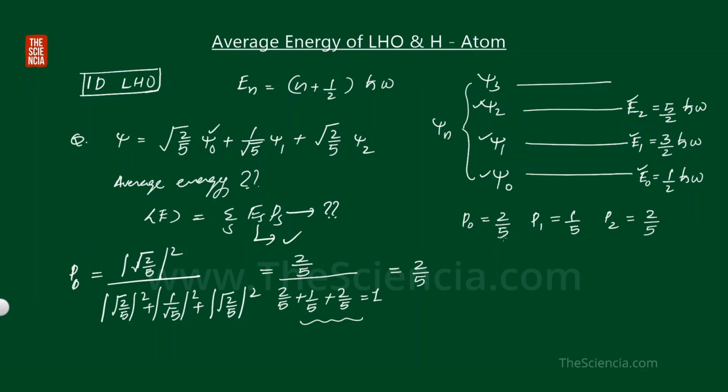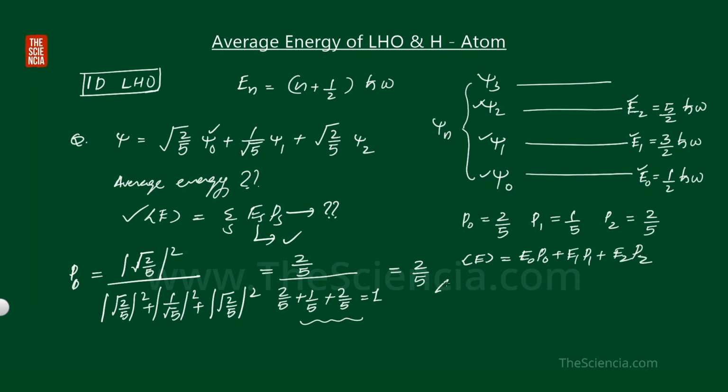Now we have to substitute these values in the expression for average energy. So average energy E is equal to E0 P0 plus E1 P1 plus E2 P2.